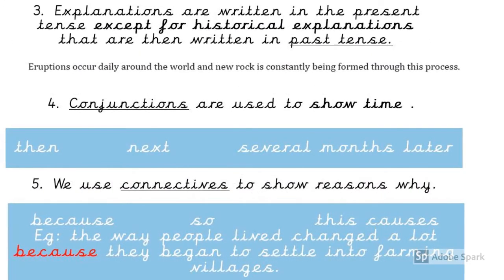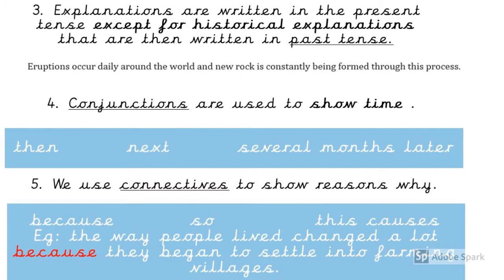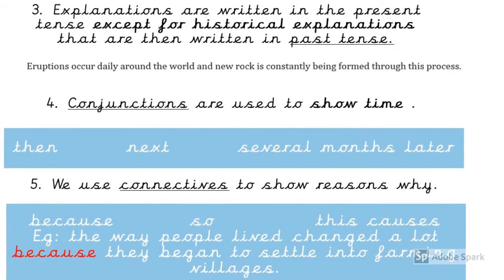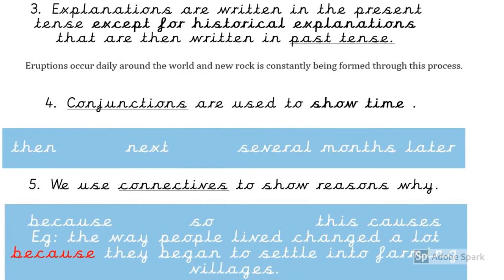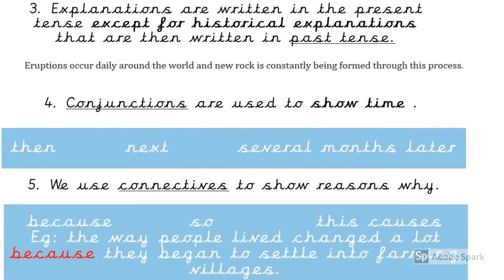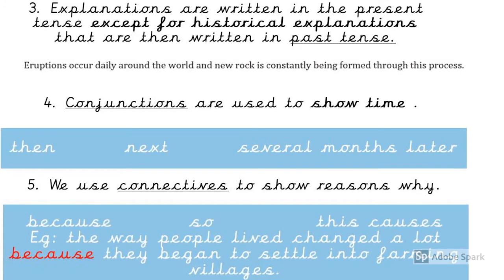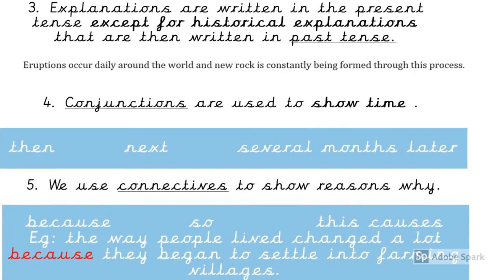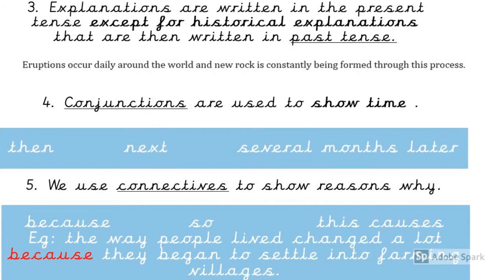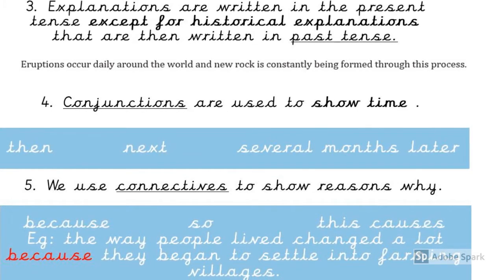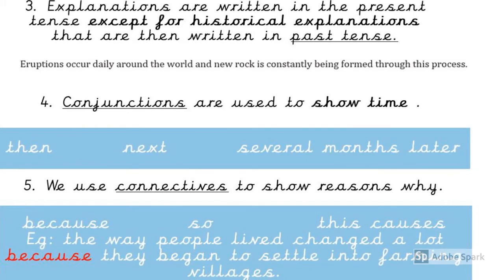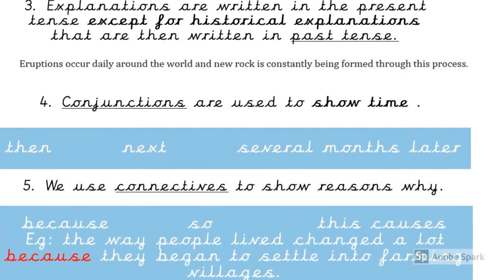We can also see that explanations are written in the present tense, except for historical explanations that are then written in a past tense, but we will be looking at ones written in the present tense. We also, as mentioned previously, look at conjunctions that show time. So then, next, several months later. We also use connectives to show reasoning, giving more information. These are like because, so, this causes.